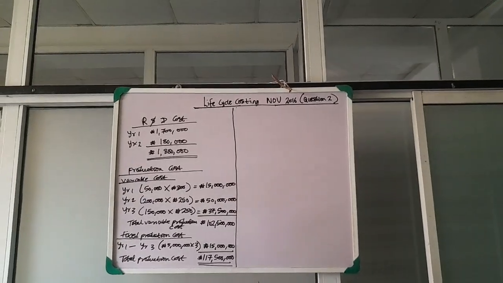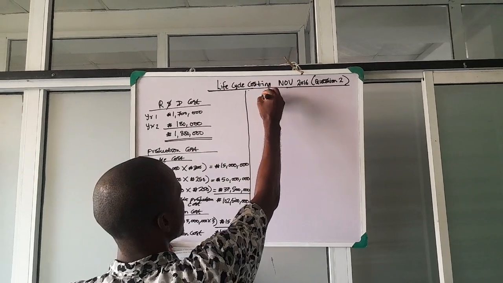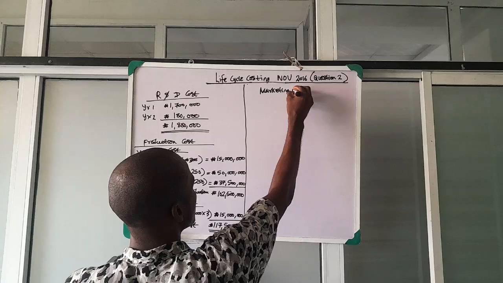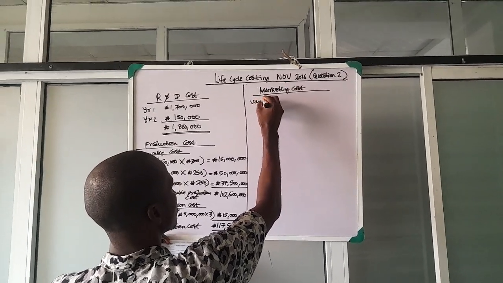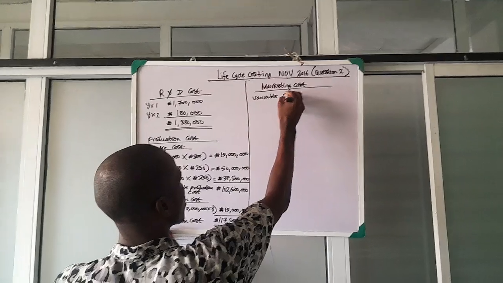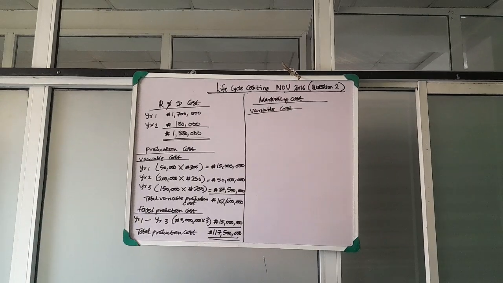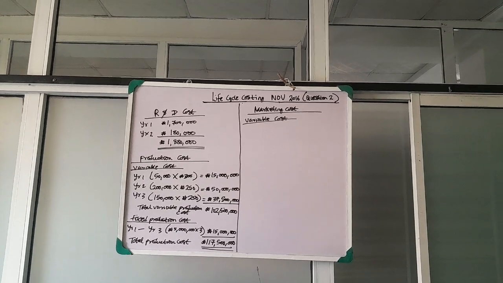And we equally have marketing costs, which are also variable and fixed. For variable costs under marketing, variable cost per unit, we have 50, 40, 30.